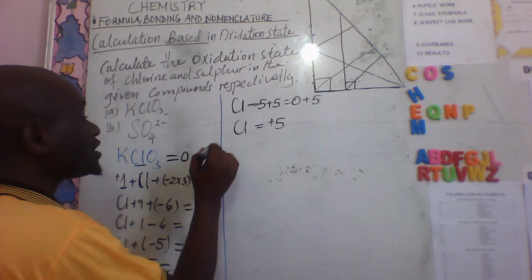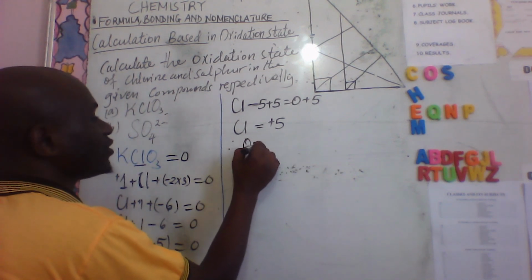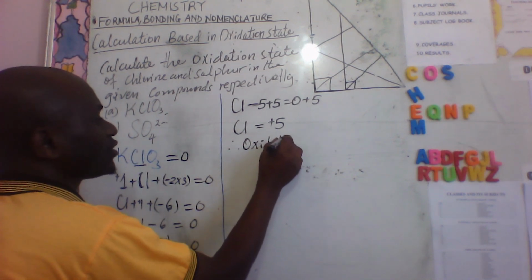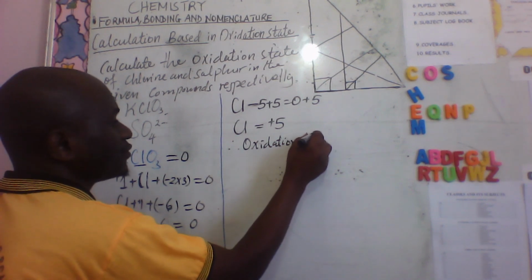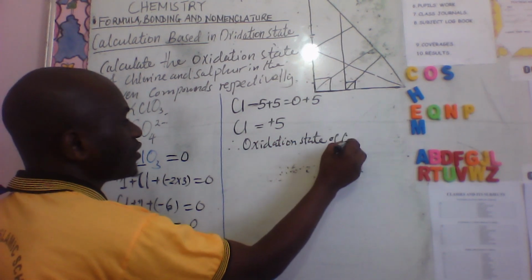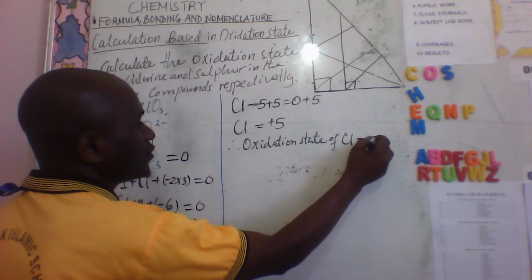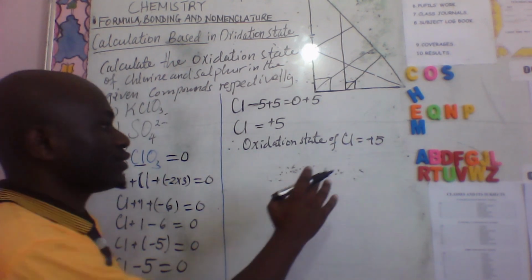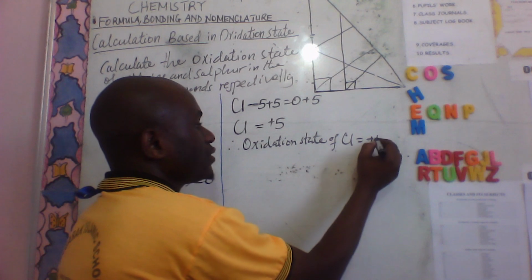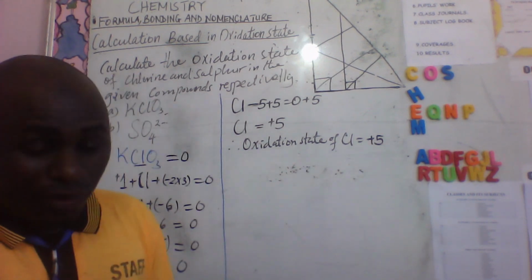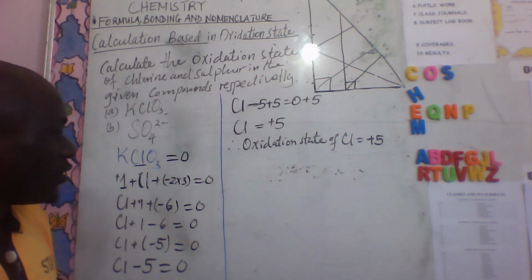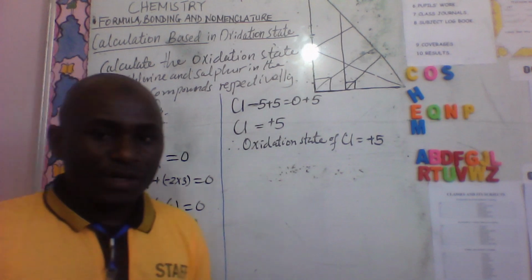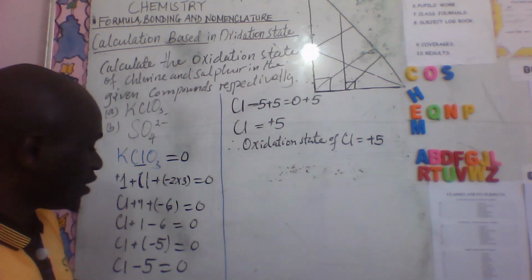So the oxidation number of chlorine here is equal to positive 5. So knowing that, let us deal with the oxidation state of sulfur.